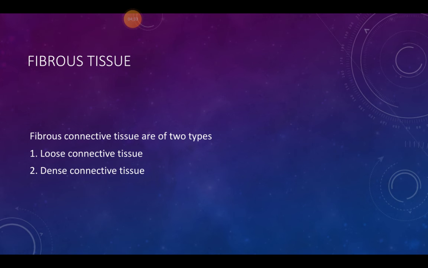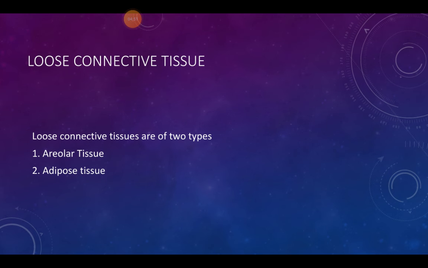Fibrous connective tissue. Fibrous connective tissue is of two types: loose connective tissue and dense connective tissue. Loose connective tissue. Loose connective tissues are found throughout the body. They are of two types: areolar tissue and adipose tissue.